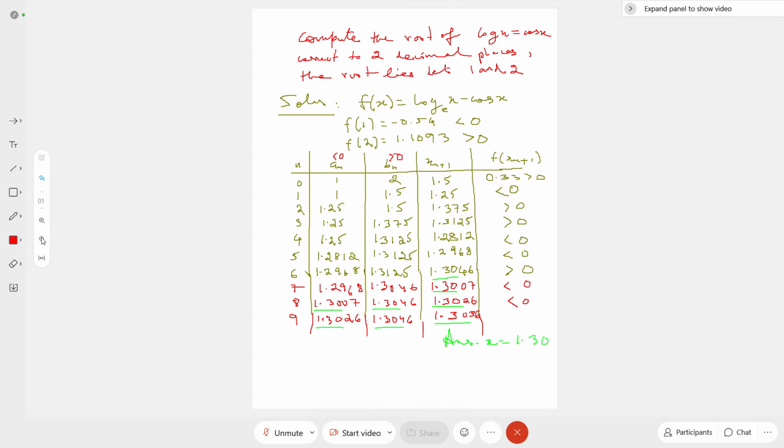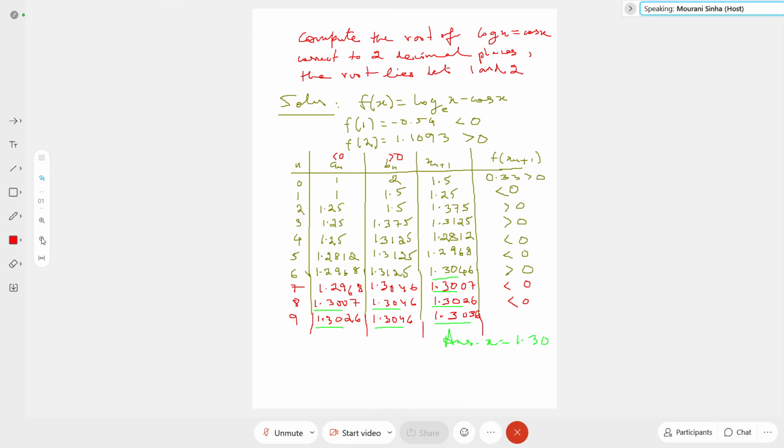Okay. So really encouraging. You solved it. That was very good. We just learned the method, and very correctly with proper accuracy you have solved it with 9 steps. Okay. So that was really good. All of you who have been participating in the solution, you got the exact answer.